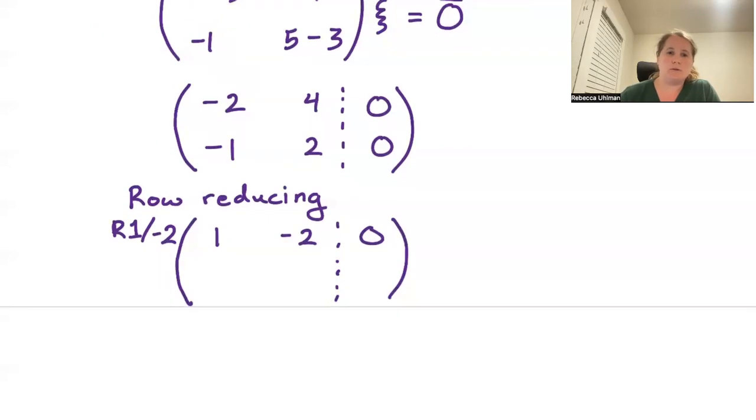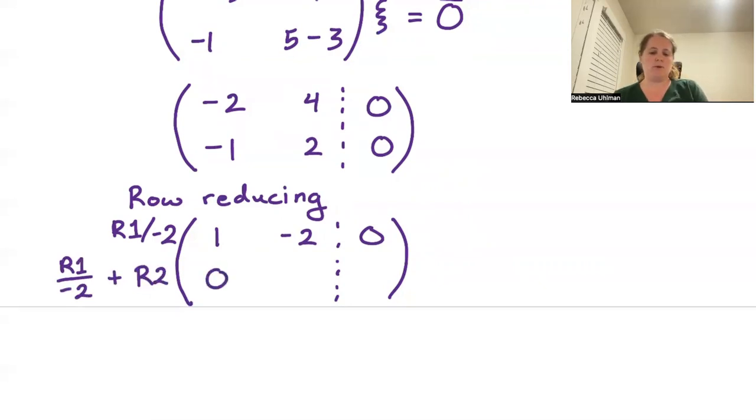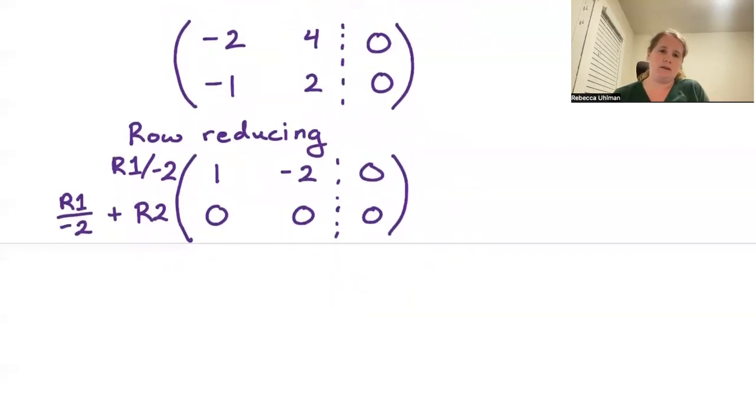And then if we do row 1 divided by -2 plus row 2, we would have 0 for our first position, because that would be 1 plus -1. For our second position, we would have -2 plus 2, which is again 0 and 0. So we have one free variable in this case, but that's all.